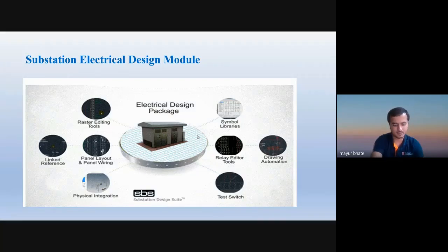Now, coming to the secondary design model, which we use to design the protection and control system of the substation. The great thing about this module is that its application runs on AutoCAD Electrical.